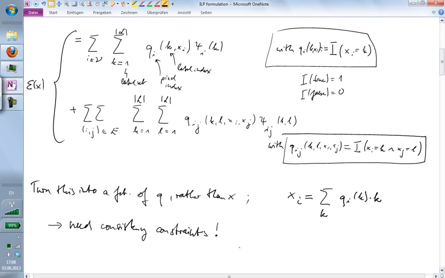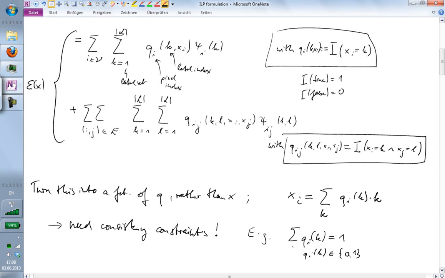So, for example, I need the constraint that just one of the variables at site I, just one of the indicator variables, should be switched on. We already know that they are binary, so I will have a constraint that Qi of K is either 0 or 1.